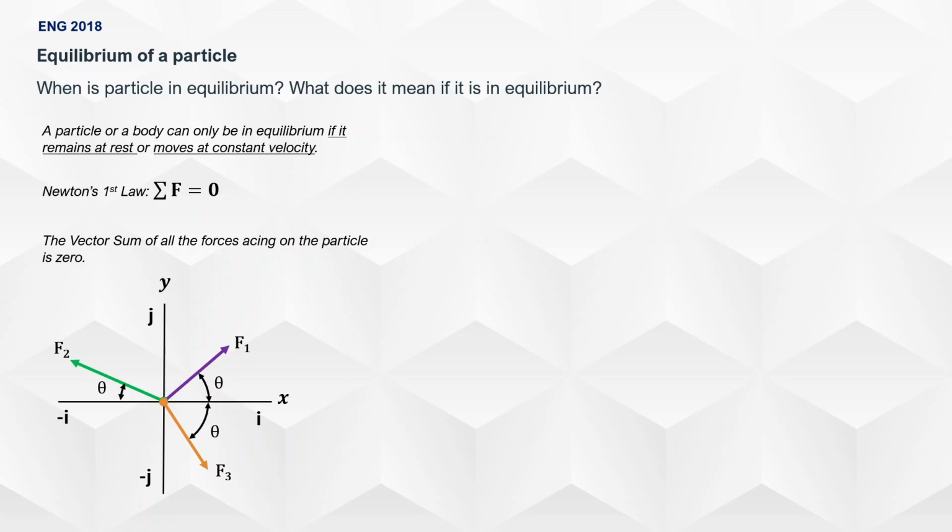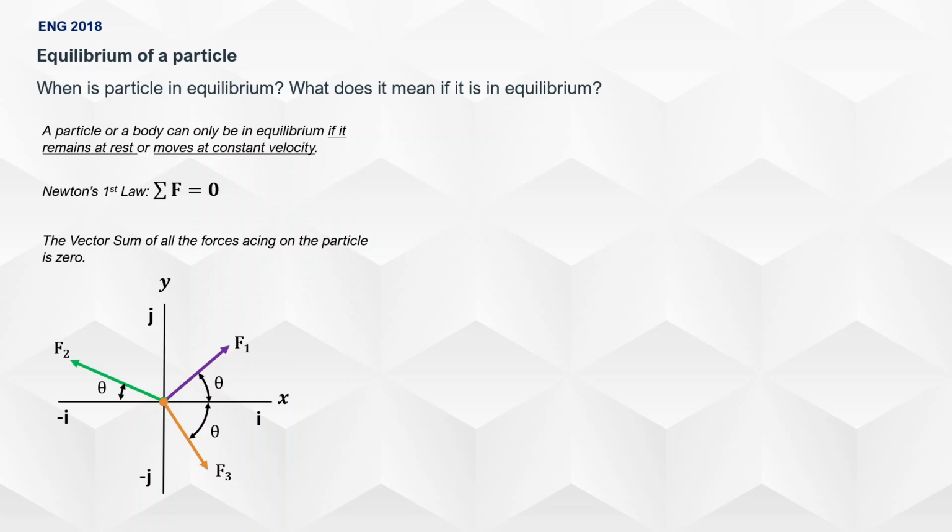Say we have a classic two-dimensional xy plane here, and we have three vector forces acting on a particle, in this case as if pulling in all directions, but they have their own respective directions relative to their axes. And recall that each force vector can be expressed in Cartesian vector form.